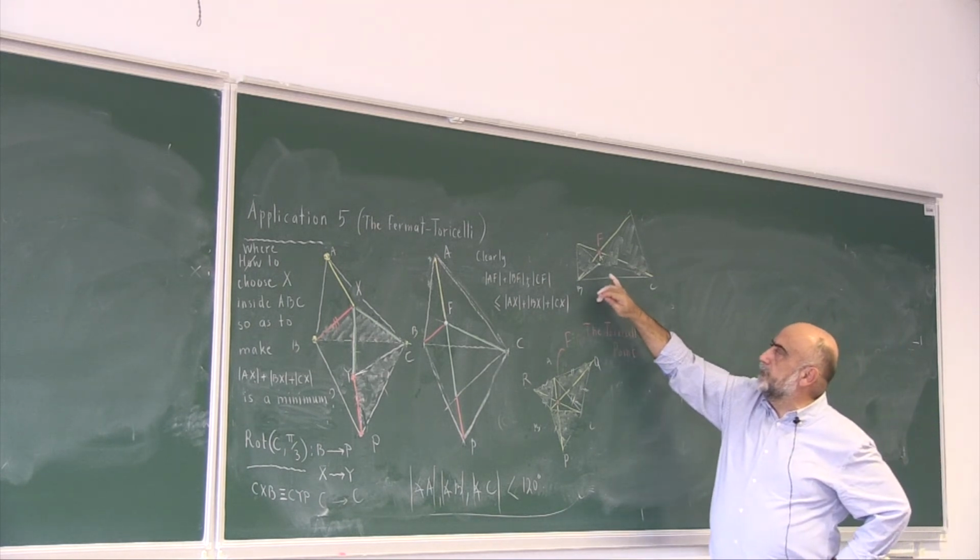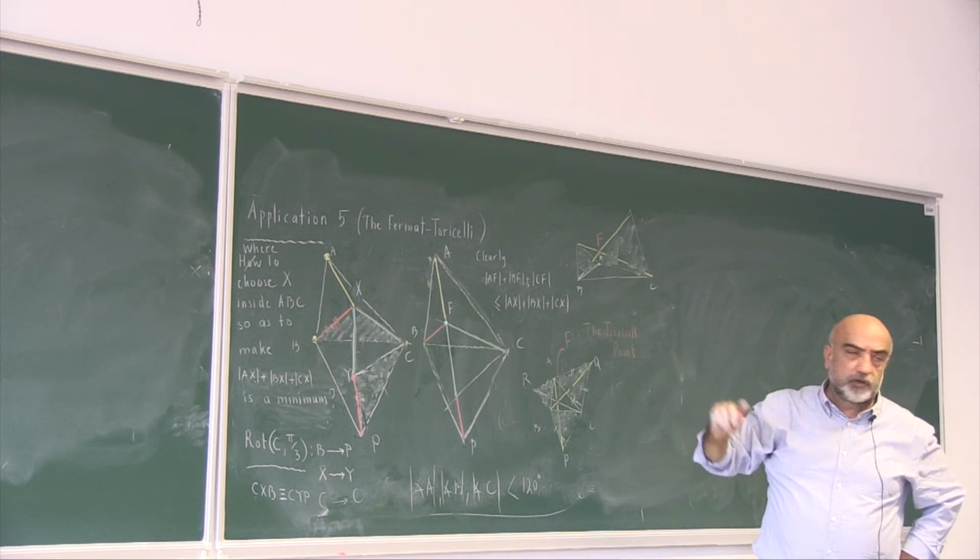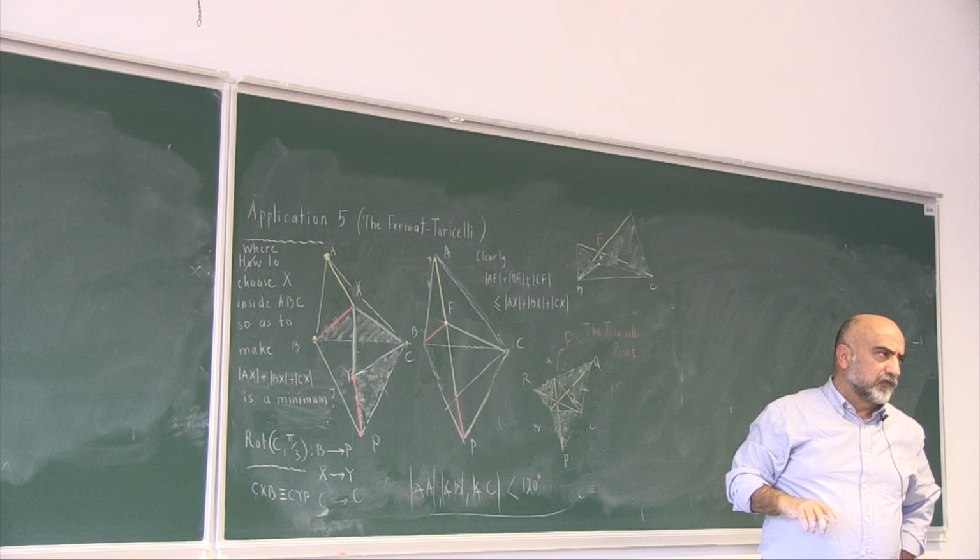If one of the angles exceeds 120 degrees, then the solution of the Fermat-Torricelli problem is that vertex.